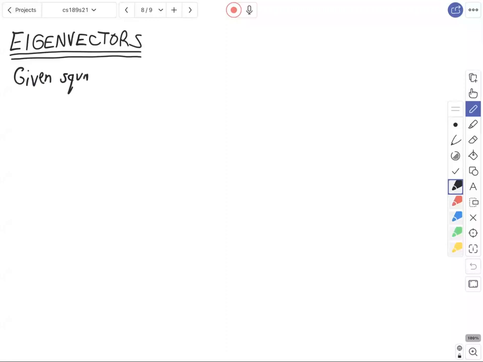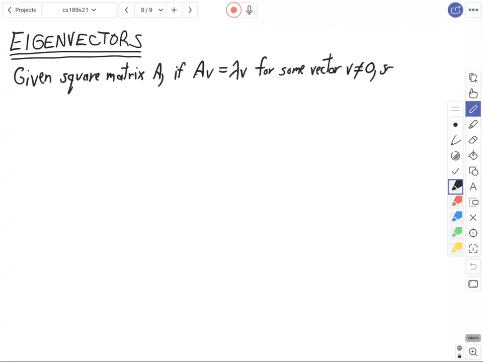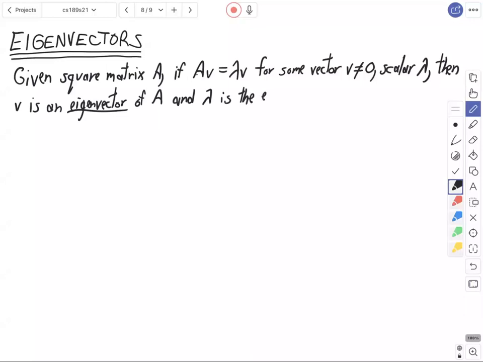If you're given a square matrix called A, then if there is a non-zero vector V such that A times V is equal to lambda V for some scalar value lambda, then V is said to be an eigenvector of the matrix A. And it has an associated eigenvalue, lambda, that is associated with the eigenvector V. So, okay, that's the definition, but what does it mean?